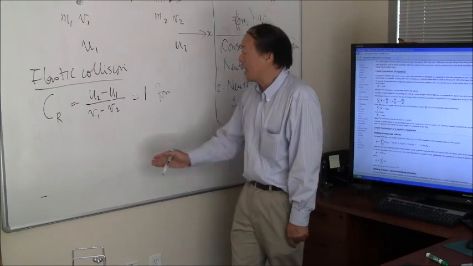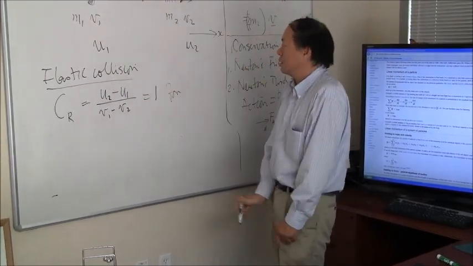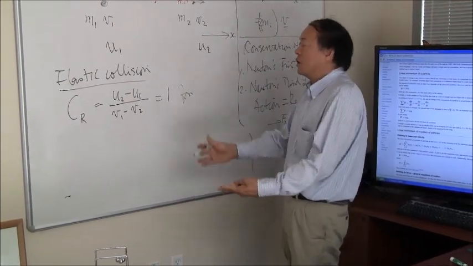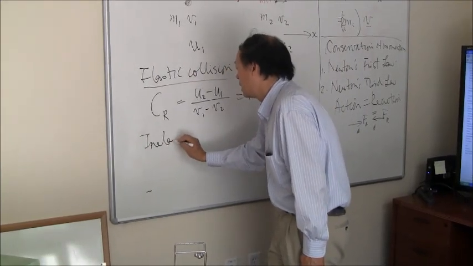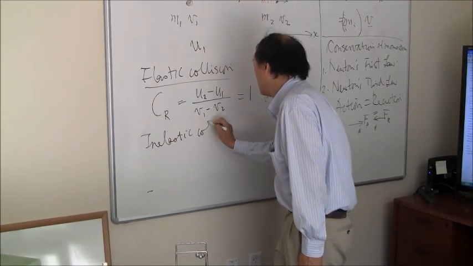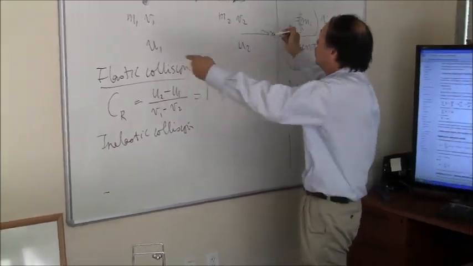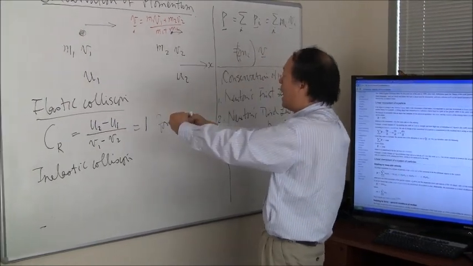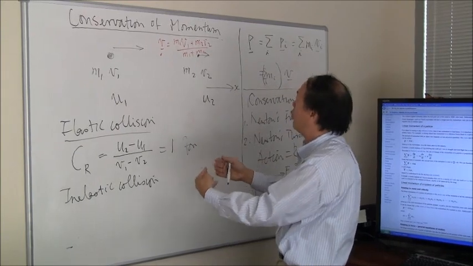All right, so we call that situation completely elastic collision, or elastic collision for short, whereby all energy is transferred to the other. Now, on the other hand, if it's a completely inelastic collision, the two objects would totally combine together to form one.